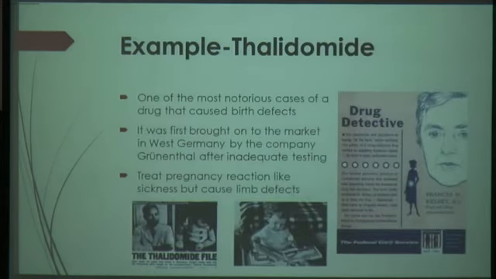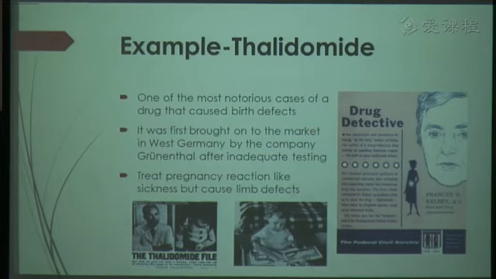Some examples here. One of the very famous or notorious cases of birth defects is thalidomide, which is a drug brought to the market by a West German company in the early 1960s. However, when they brought the drug to the market, they did not do adequate testing.